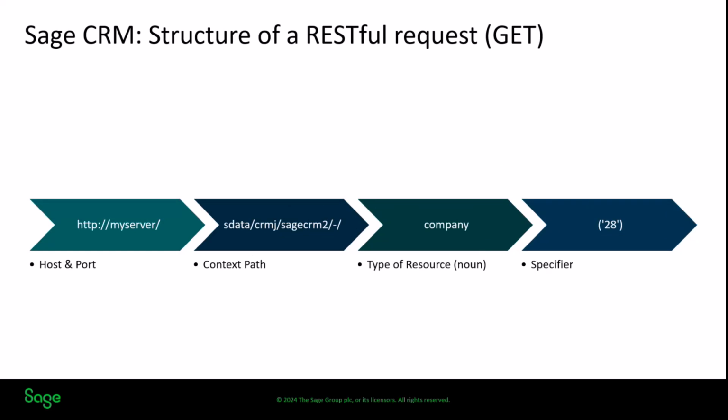So in our case, the server, the host and port, is whether we are talking over HTTP or HTTPS, and I'll be coming on to talk about recommendations in a moment.